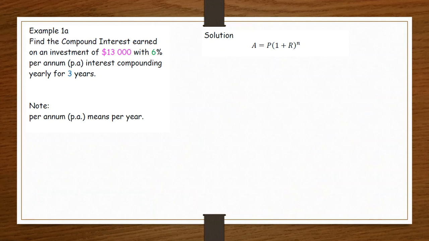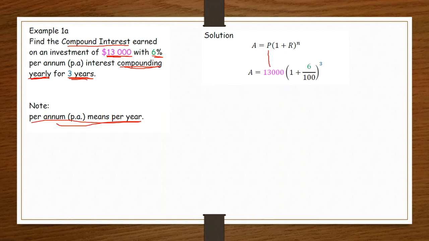First example, 1A. If compound interest is earned on an investment of $13,000 with 6% per annum interest, per annum means per year. Compounding is a key word here, yearly for 3 years. So you can see the color codes. The amount equals principal times 1 plus r to the power of n.